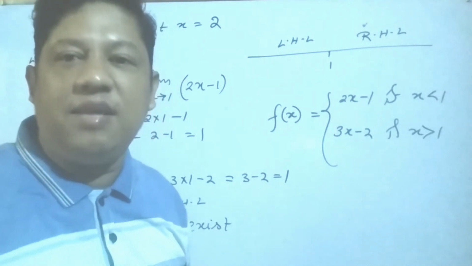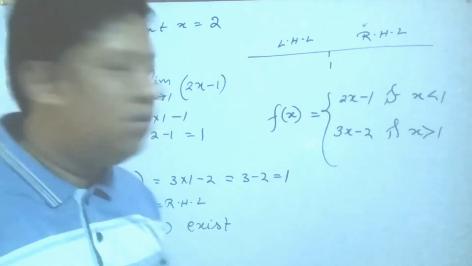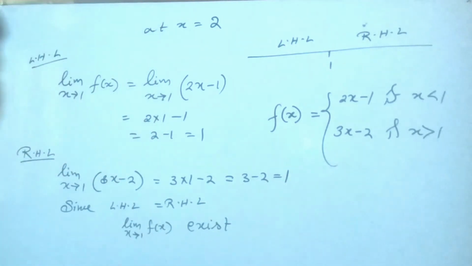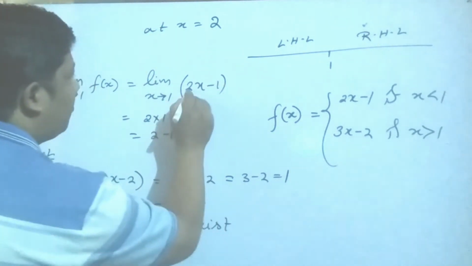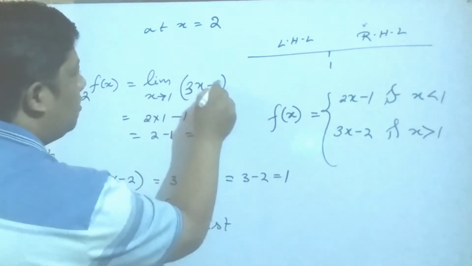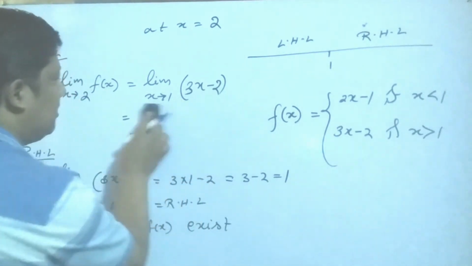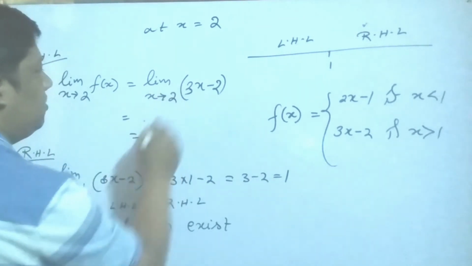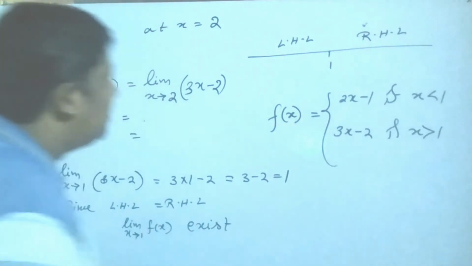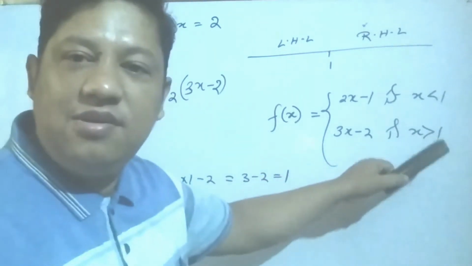So you have to find the limit at x equal to 2, and you get 2. So the left limit and right limit both you have to take from this one, because 2 is always greater than 1.